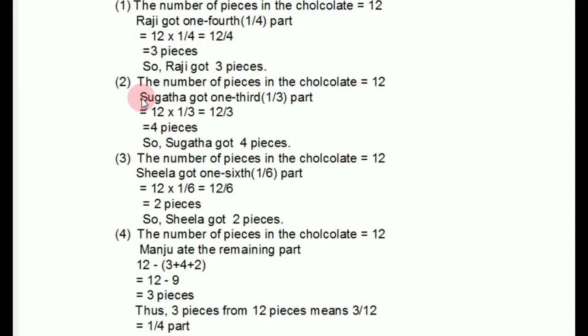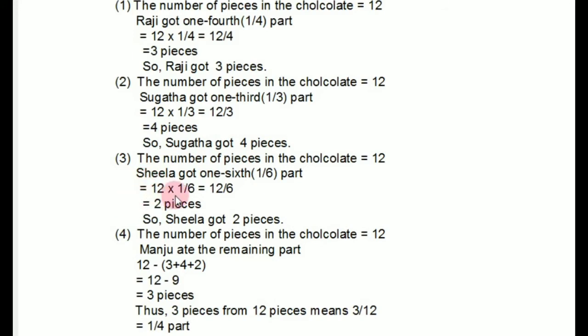Now second, here is the calculation of Sugatha's chocolate pieces. The number of pieces in the chocolate is equal to 12 and Sugatha got 1/3 part as stated in the question. So 12 into 1 divided by 3. So 12 divided by 3 is equal to 4 pieces. So Sugatha got 4 pieces.